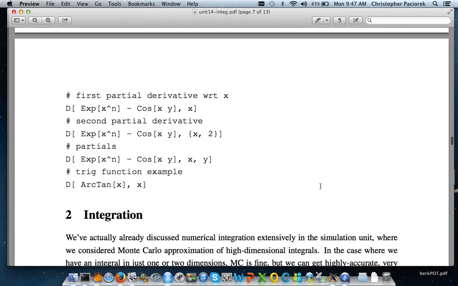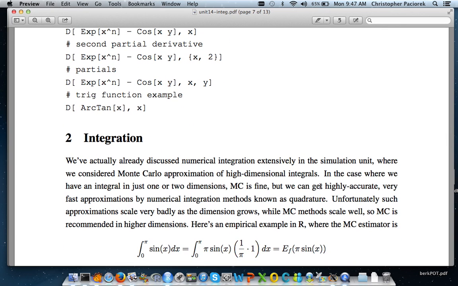Okay, so the main point I want to make here is basically to contrast Monte Carlo integration, which we already saw in the simulation unit, with doing it numerically in a fashion called quadrature, which is the terminology that people use for talking about numerical integration. The big picture story is that if you're in low dimensions, then using quadrature methods is a really good strategy compared to using Monte Carlo integration.